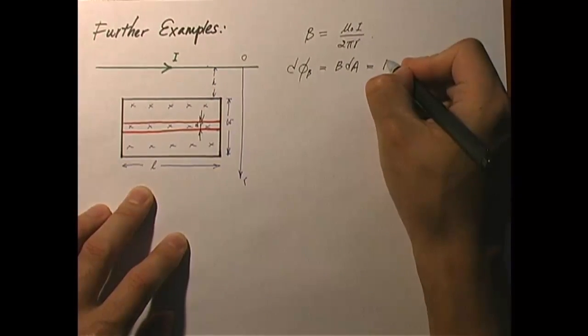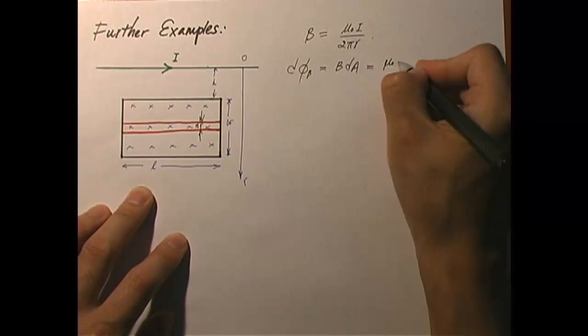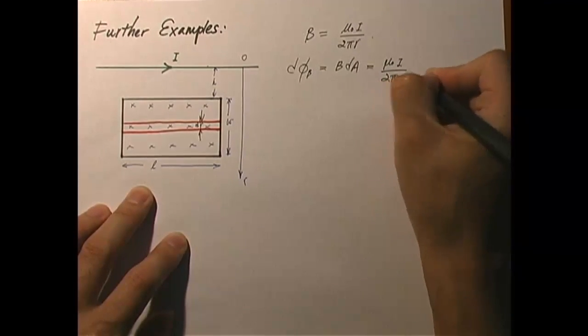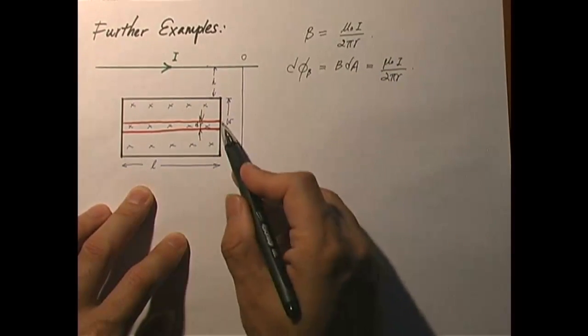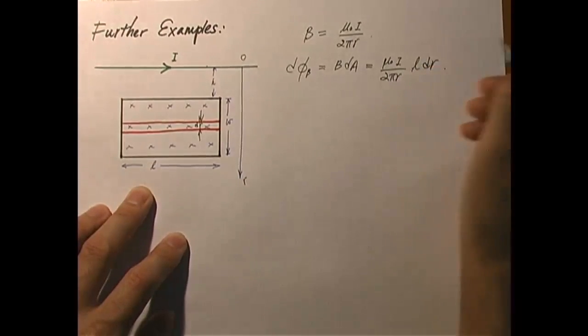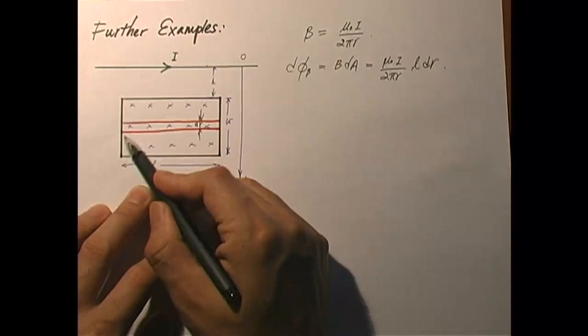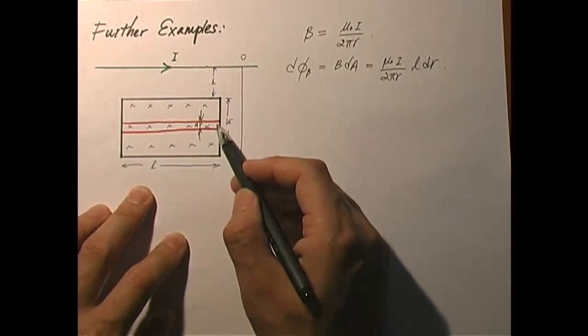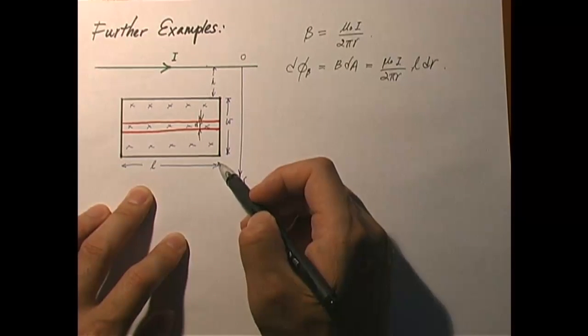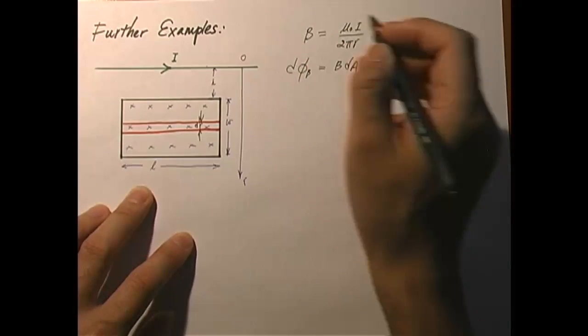B is mu naught I over 2 pi R. dA is L times dr. This is the contribution to the magnetic flux from this little strip, and then we can integrate from here to there to add contributions of all the strips up, therefore picking up the entire flux.